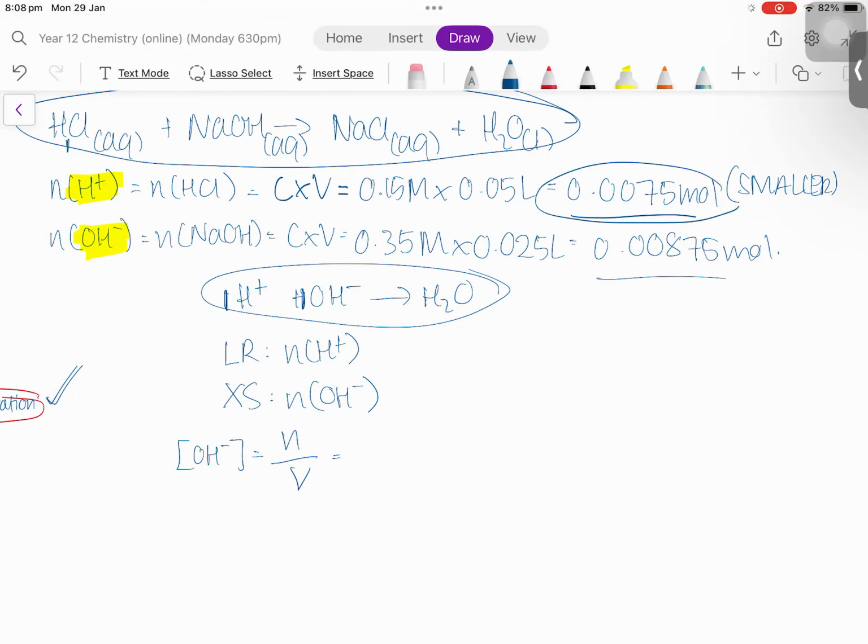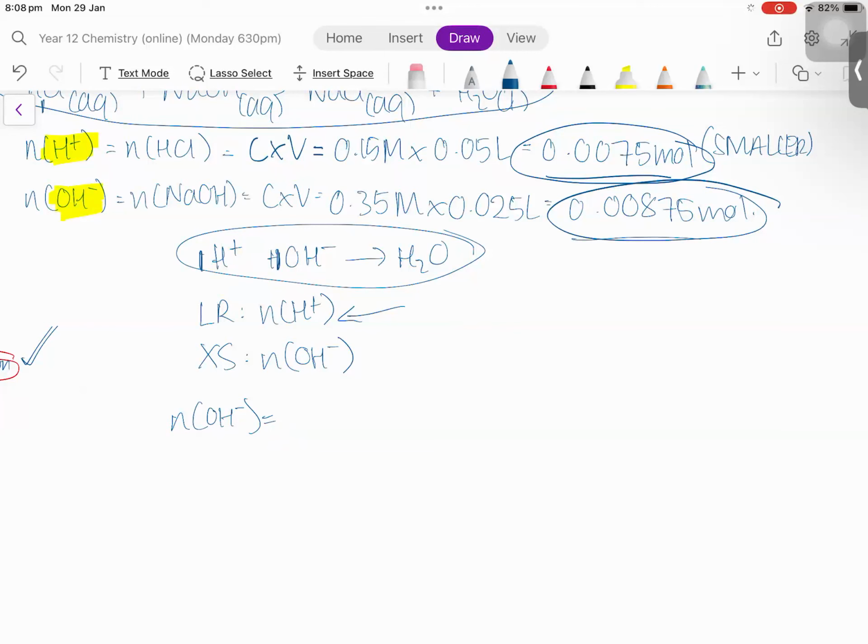H plus completely reacts together to turn into the stuff on the right-hand side. So how do I calculate the amount of OH minus that I actually have left over, that's in excess? What do I do? These two are the amount I added. I want to know how much is left over.